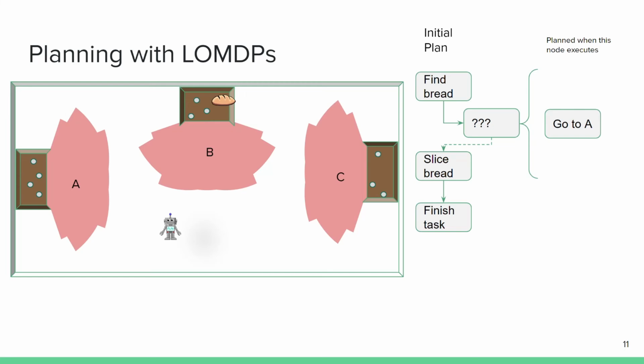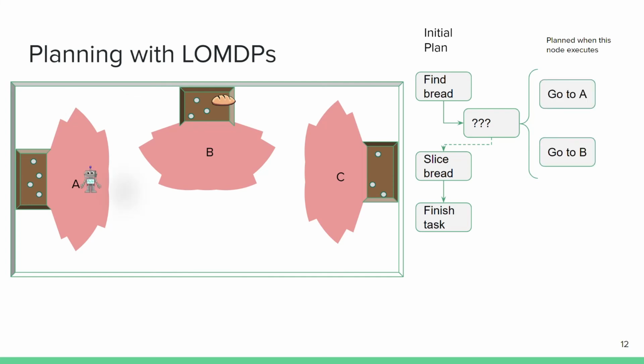A standard POMDP would need to model every possible configuration of the cupboard to complete a plan, whereas our planner, much more like a human, is able to delay planning how to interact with the bread until after it has searched in a cupboard and observed the bread, because we can guarantee that the bread will become fully observed once we enter its locale. In this example, the plan that we generate includes looking for the bread, but it initially only plans to move to the locality marked A to search.